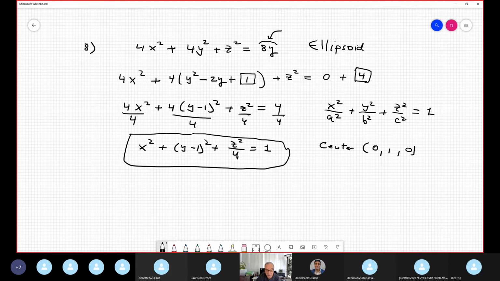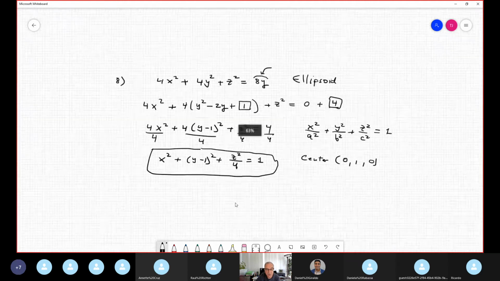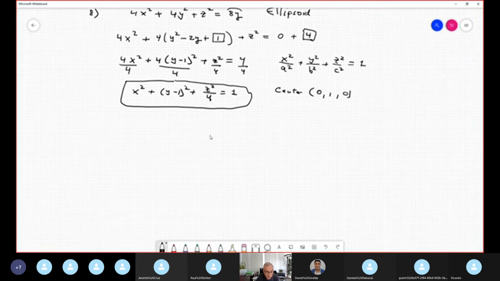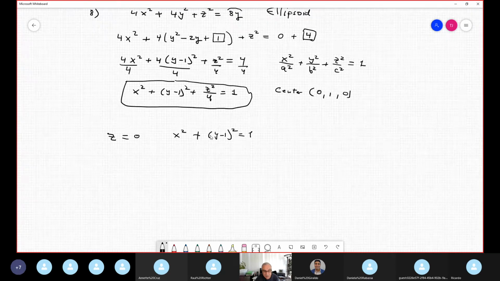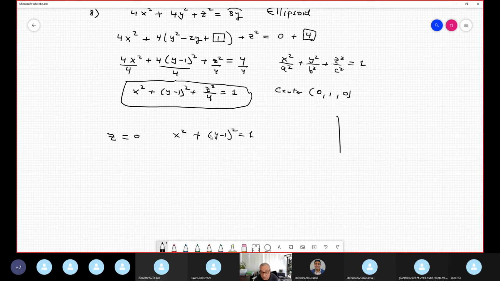To make sure everything is okay or no, we're doing the trace. Suppose z equals 0 on the original equation. We have x squared plus (y minus 1) squared equals 1. It's a circle. This is the axis.